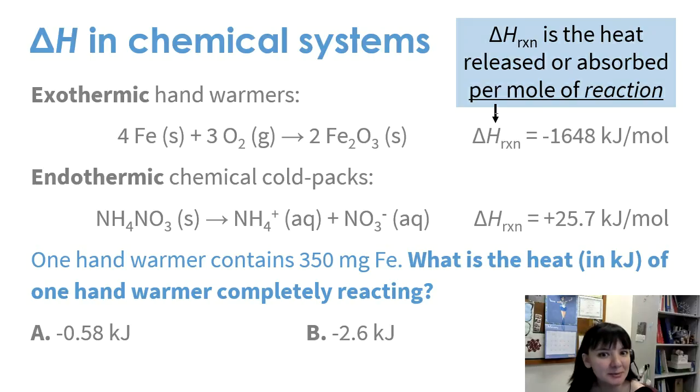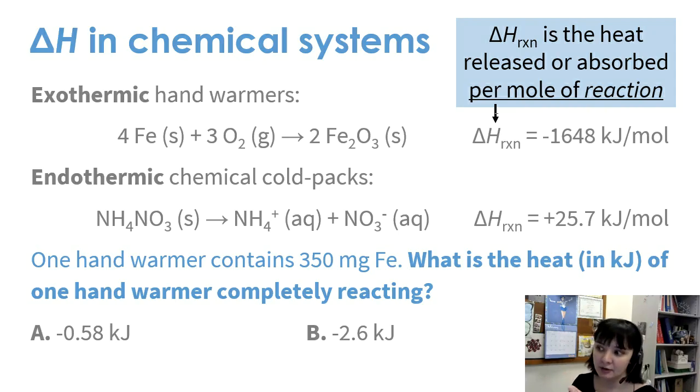All right, so for this one, mathematically, it may be a little tricky. Again, we'll walk through the solution in just a couple of slides. But right off the bat, I can at least eliminate one of these options. Thinking generally and in context here, the heat of the hand warmer should be a negative value, because the hand warmer itself is releasing heat, and that loss of heat is a negative value.